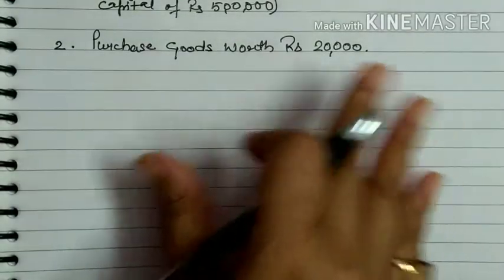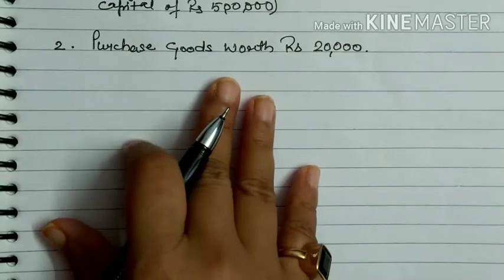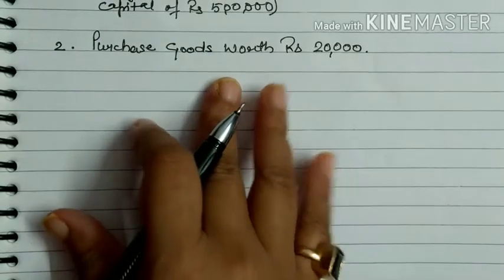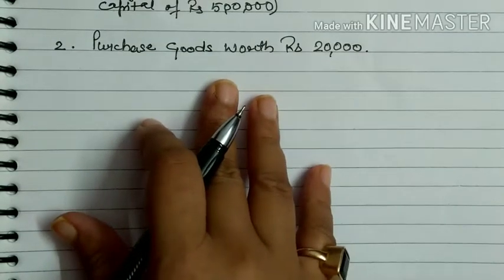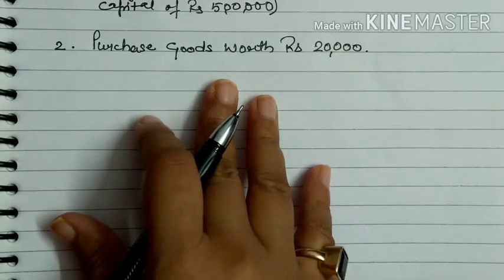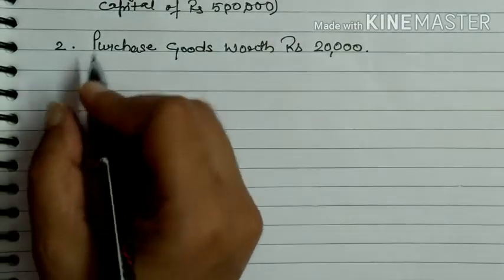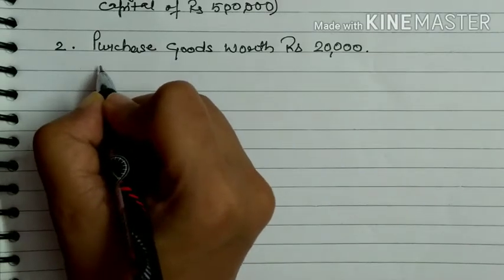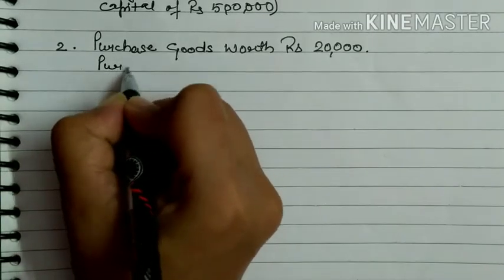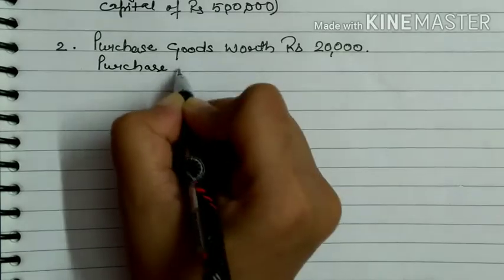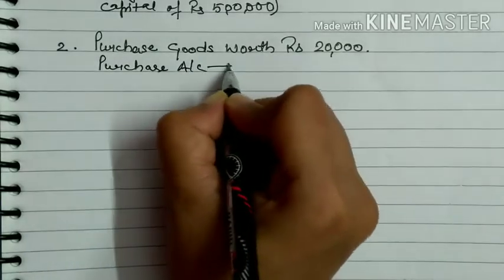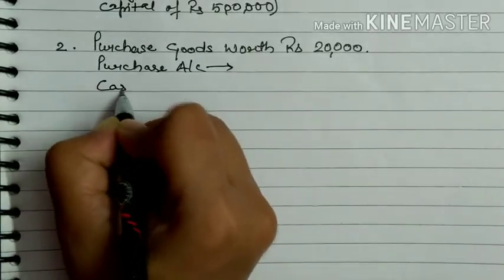If nothing is mentioned then we will be considering that the transaction has been done in cash. Otherwise it would have been on credit, and the name has to be mentioned. So in this transaction also, first step we will be classifying the accounts that are involved. First one is purchase account and cash account.